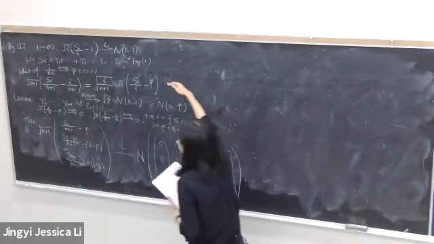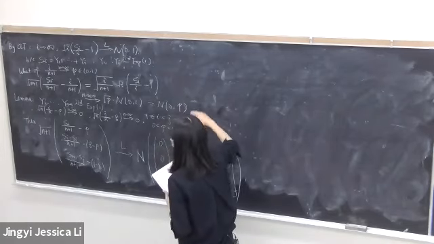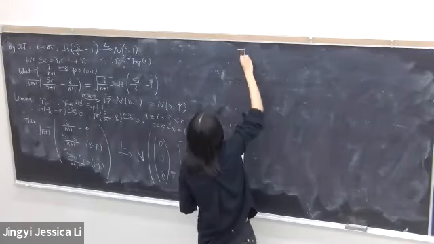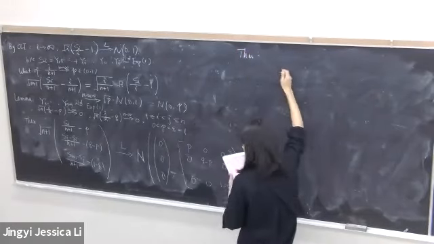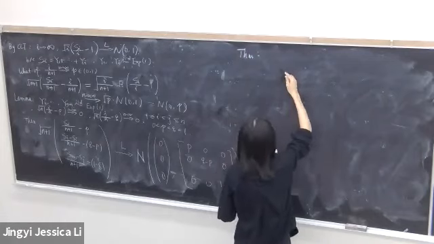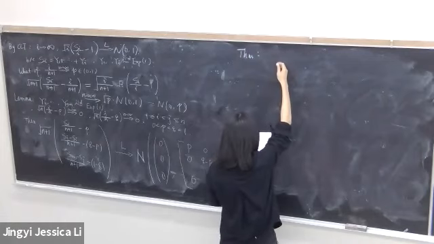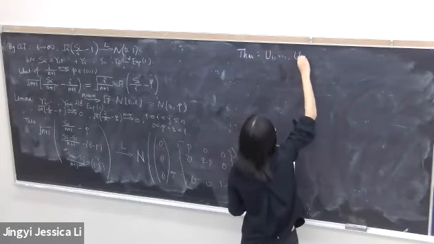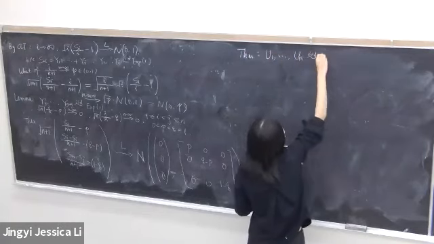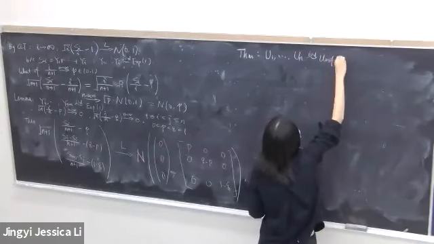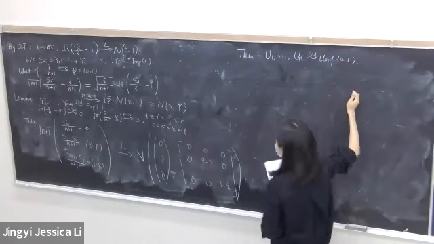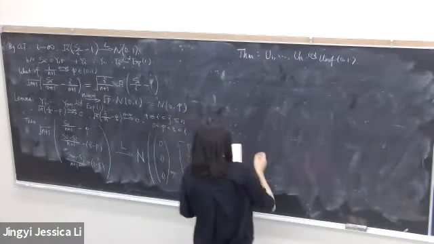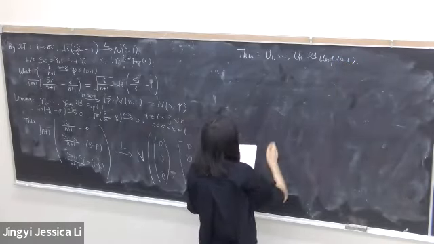Again, under the same condition here, I call this a theorem. We have three things. First of all, we have U1 to Un IID uniform 0 to 1. And we also have those two conditions for i and j.